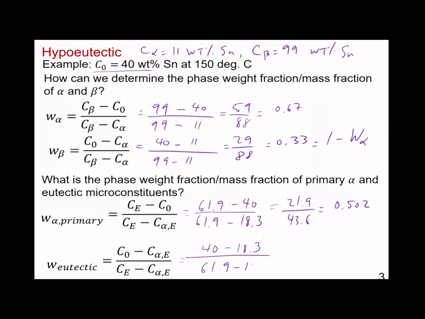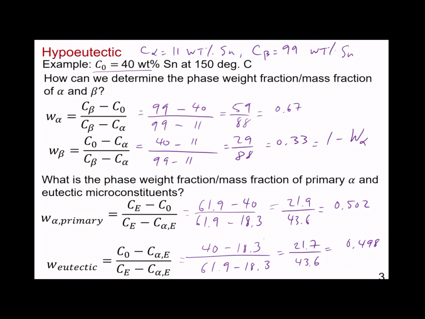The entire length does not change, and I get 21.7 divided by 43.6 equals 0.498. So that adds up to 1 because all of the eutectic came from the liquid, right? It comes down, some of it comes out as solidified primary alpha. The remaining liquid right after the eutectic temperature is going to give you eutectic alpha and eutectic beta.